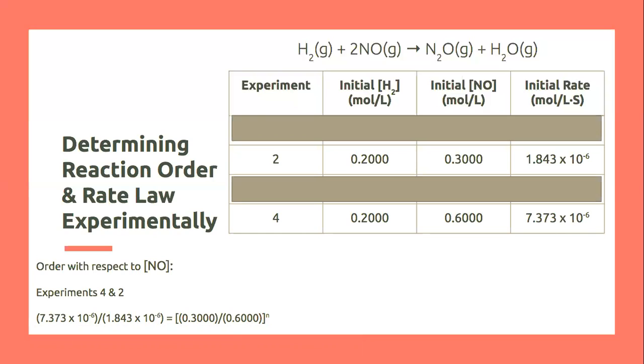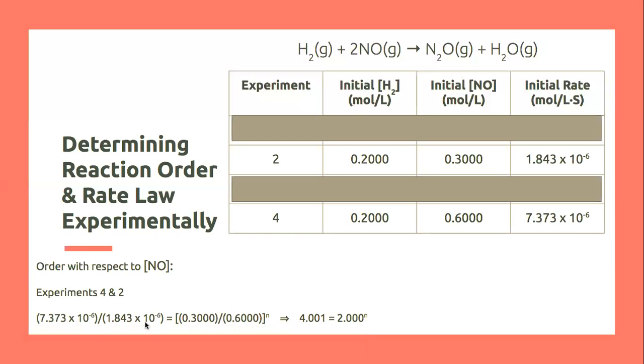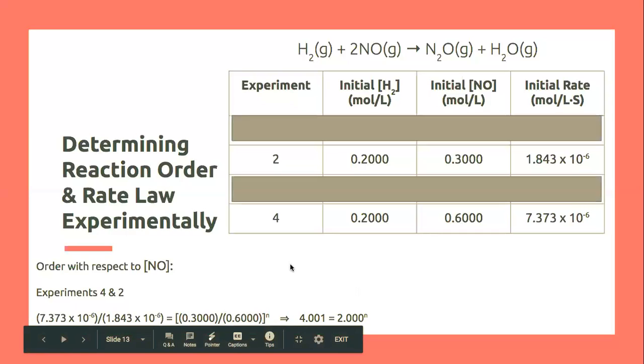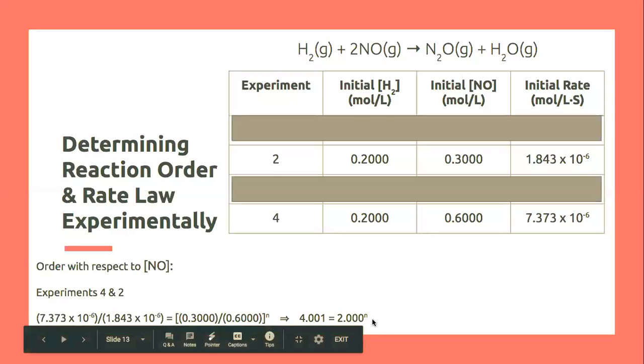So let's simplify these numbers down as much as we can for now. Oh, that looks much tidier, doesn't it? When we divide 7.373 times 10 to the negative 6th by 1.843 times 10 to the negative 6th, we get 4.001. And when we divide 0.6003 by 0.3000, we get 2.0 to the nth.